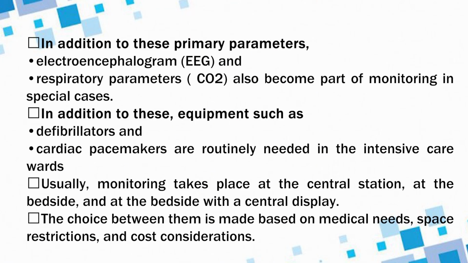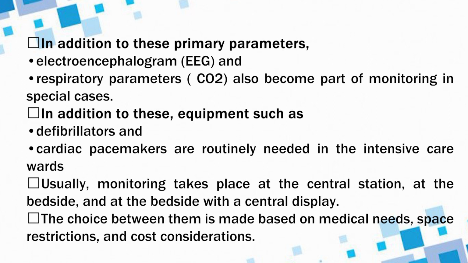In addition to these primary parameters, electroencephalogram, EEG, and respiratory parameters like volume, carbon dioxide also become part of monitoring in special cases. In addition to this equipment, such as defibrillators and cardiac pacemakers are routinely needed in the intensive care wards.